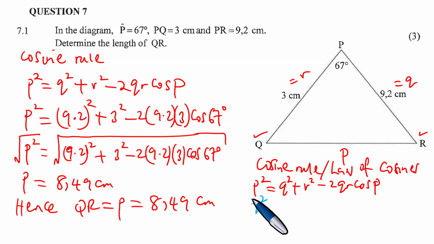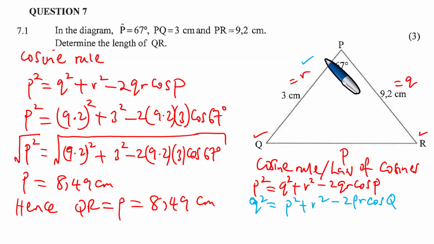We can be interested in finding the length of the side lowercase q, and q squared is going to be equal to p squared plus r squared minus 2pr cosine q. We can be interested in finding r, so that r squared is p squared plus q squared minus 2pq cosine r.